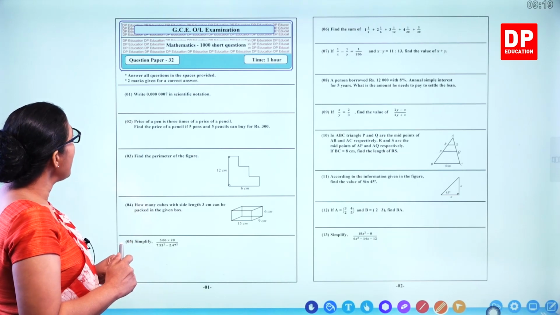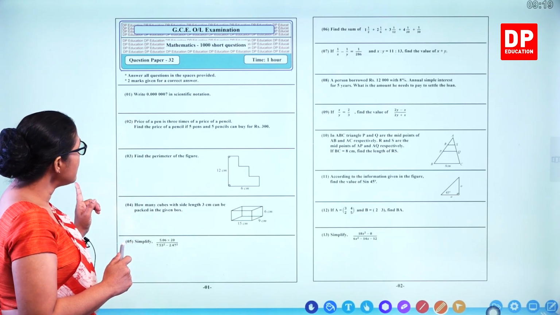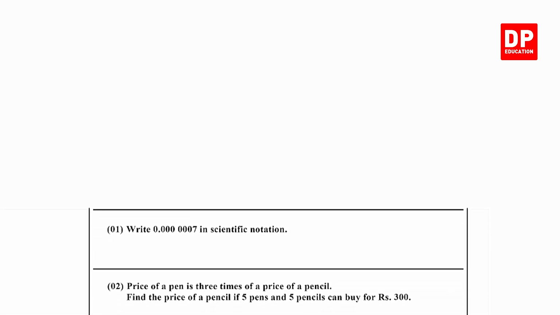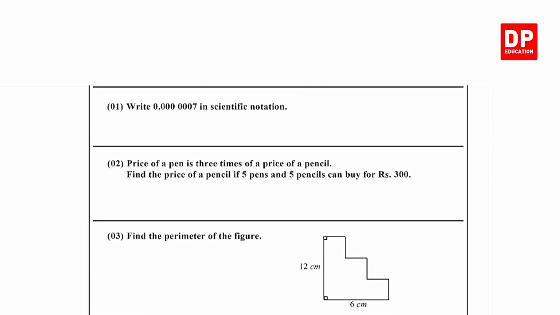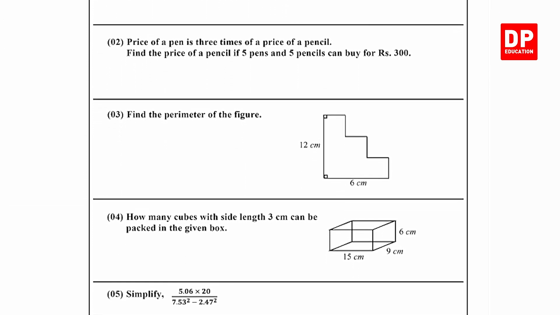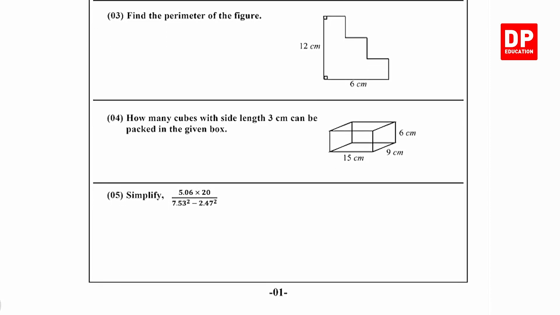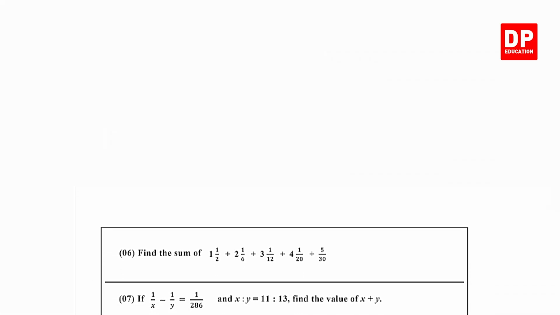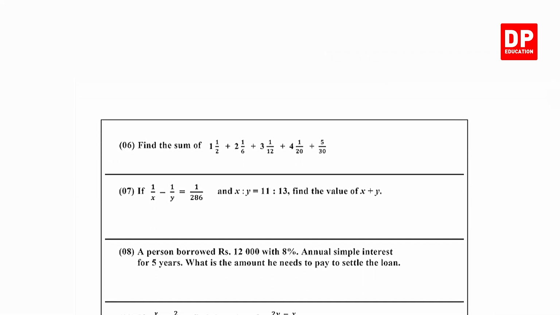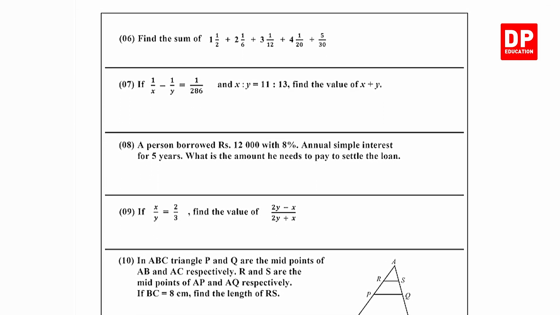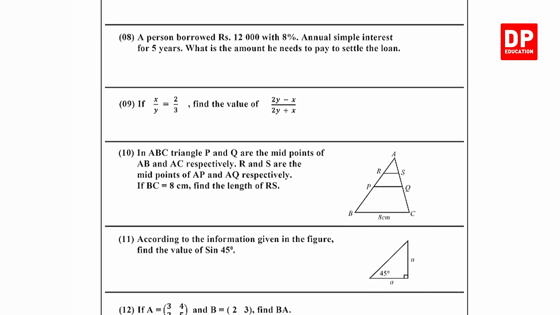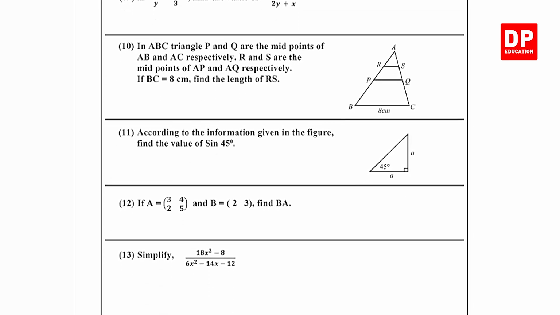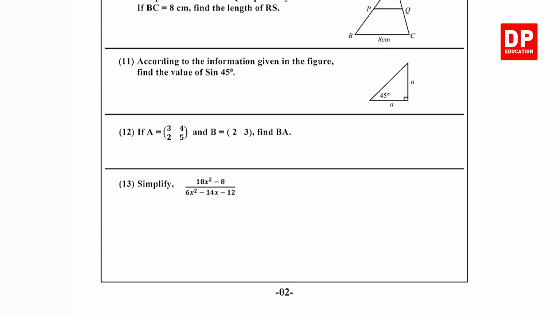So in the first page, you get questions 1 to 5. And page 2, you get 6 to 13.